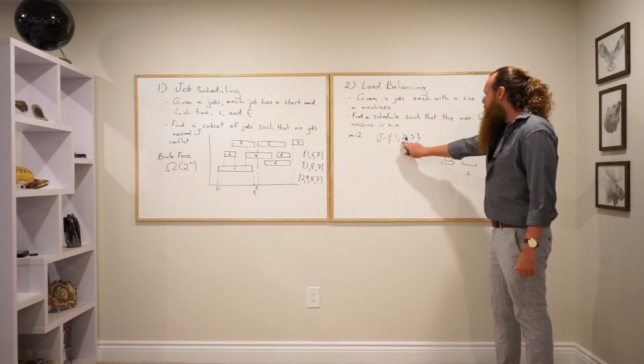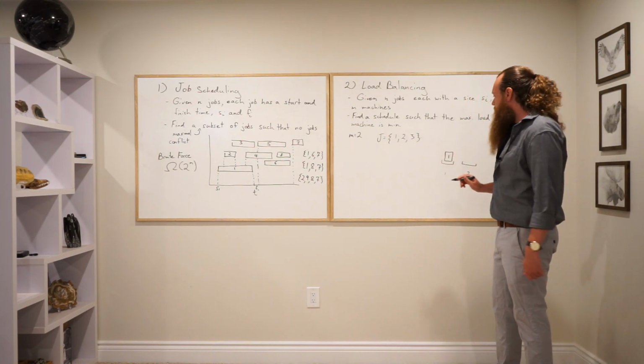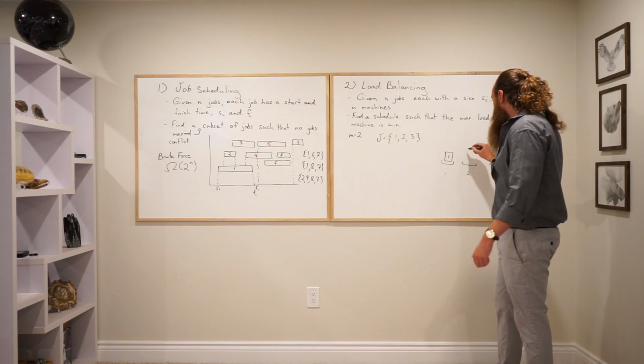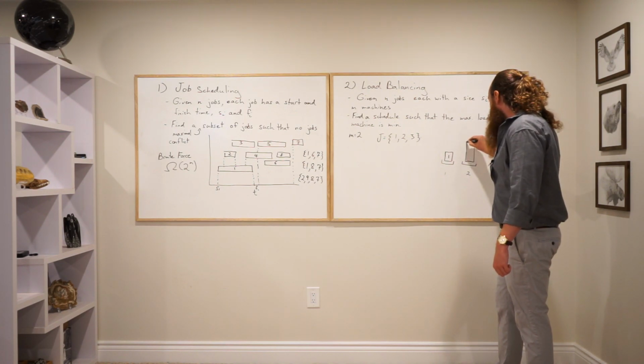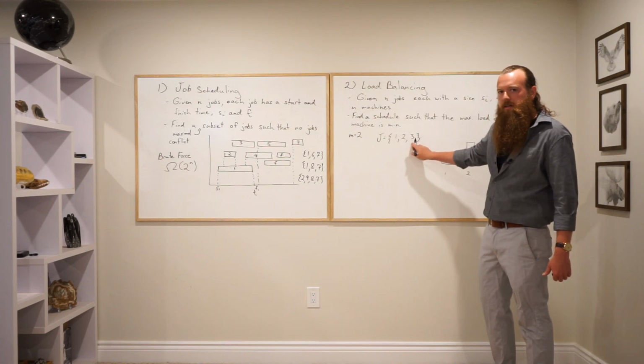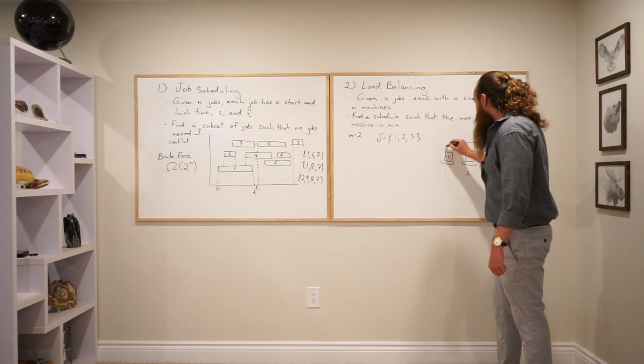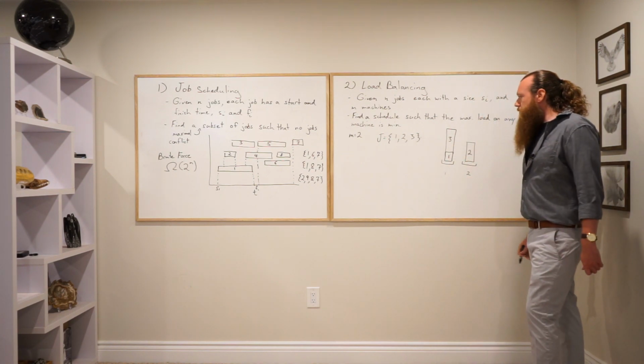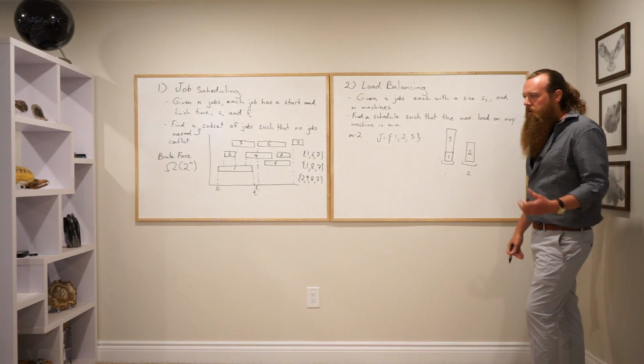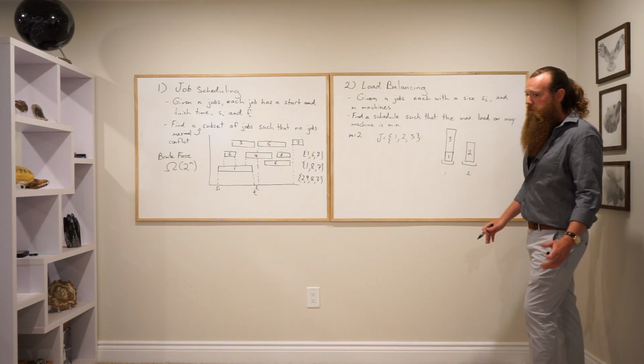Put it here. Then put that size 2 job on the currently least loaded machine. That's going to go here. And I put the size 3 job on the next currently least loaded machine. I get something like this. Well, that particular greedy solution is suboptimal, but maybe we can do something a little bit more clever. Maybe not.